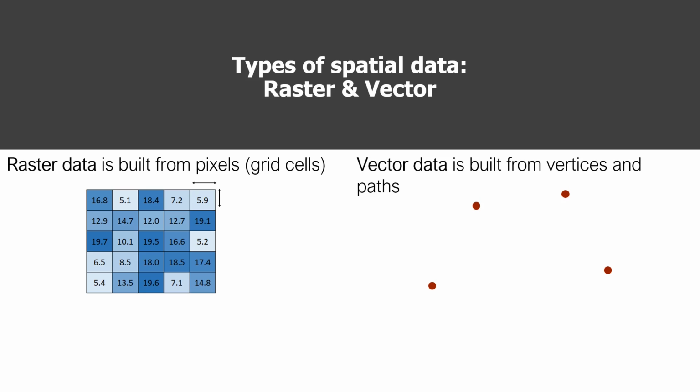Another way to record geospatial data is as vector data built from vertices and paths. This could include points coded as coordinates, polylines defining how those points connect, and polygons to complete a path.